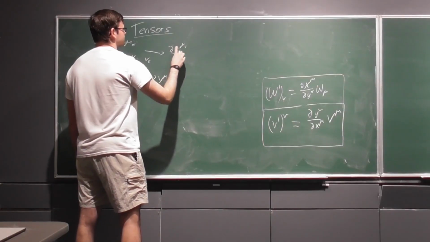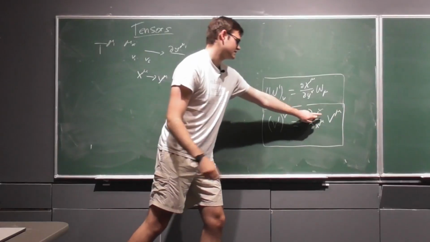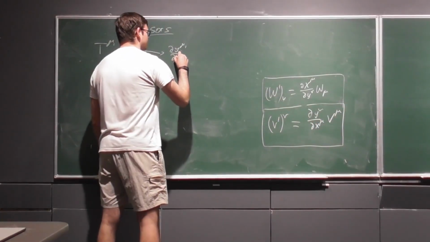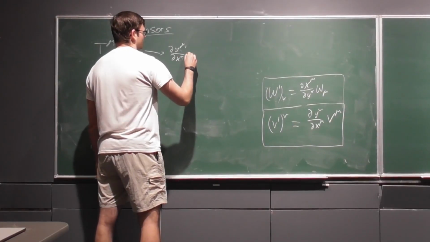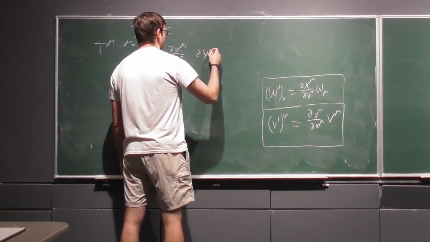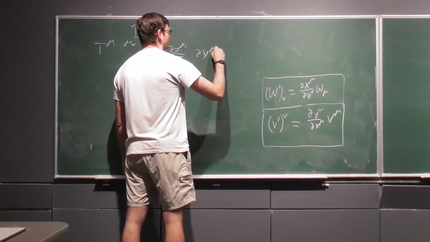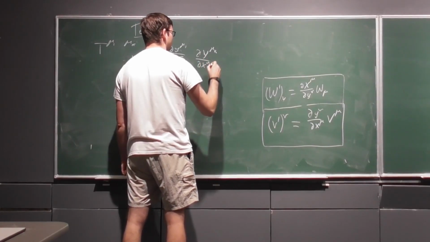So for the upper indices, we can see that it's going to get dy mu 1 over dx sigma 1, and then it'll get k of those, up to dy mu k over dx sigma k.